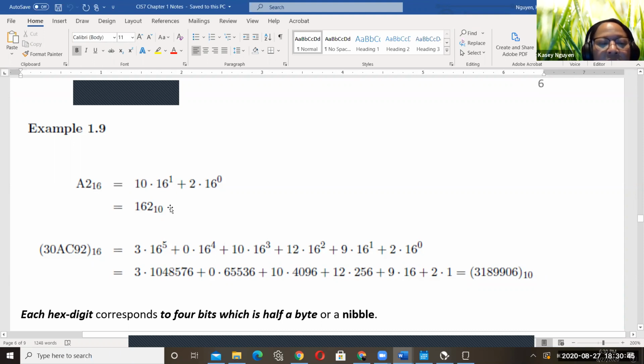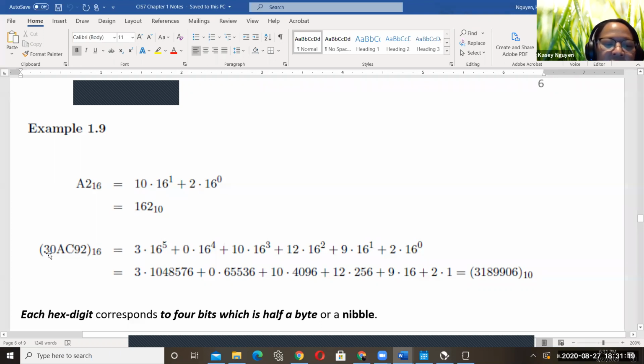So this is how we convert from hexadecimal to decimal. And if you take a look at the next example, because it has more digits, as you move further to the left, the exponent increases. So we start with the rightmost digit, which is 2. We multiply it by 16 to the 0 power, then the next digit we multiply by 16 to the first, and after that by 16 to the second, and so forth.